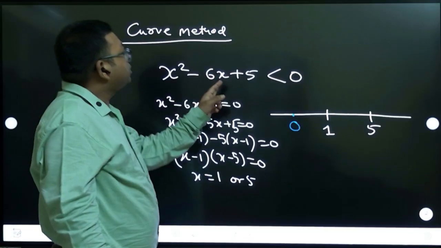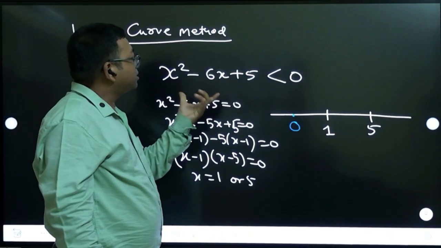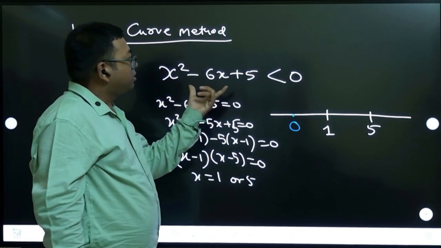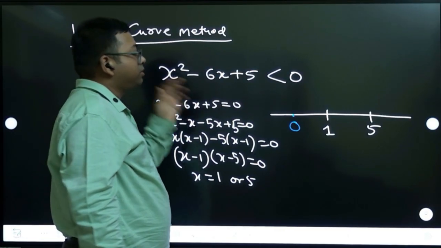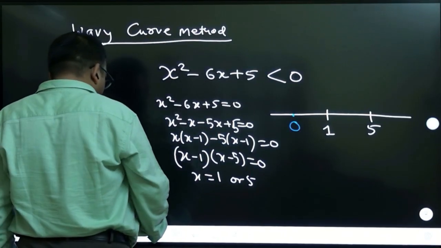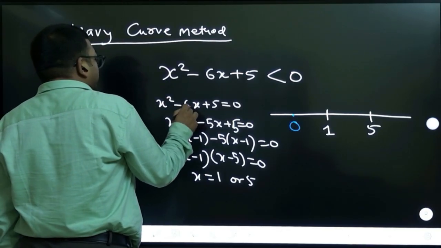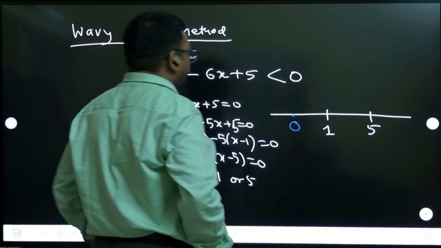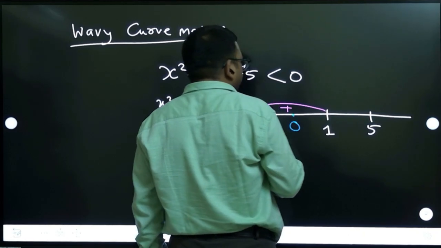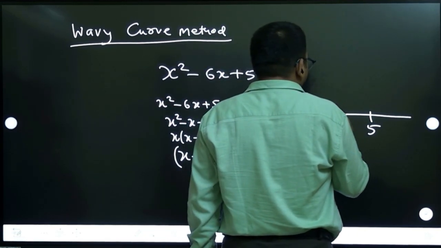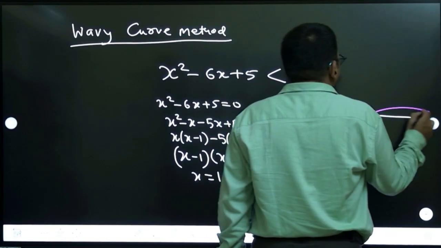If I substitute x = 0, the expression comes out positive. That means this whole side is positive. Then this middle side will be negative, and this side will be positive.